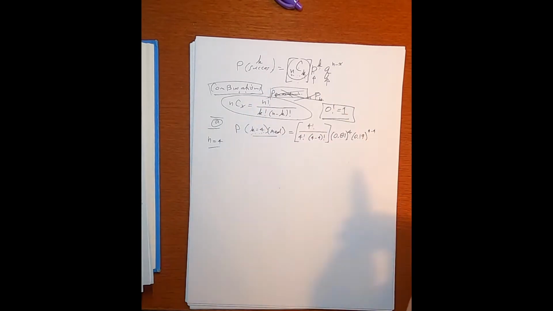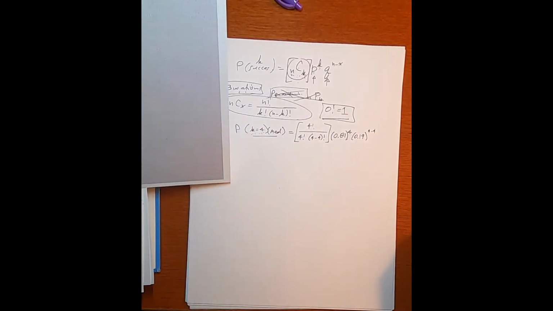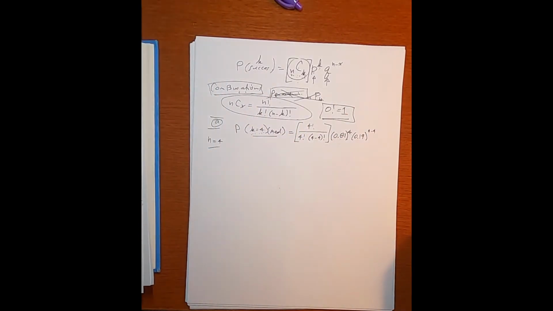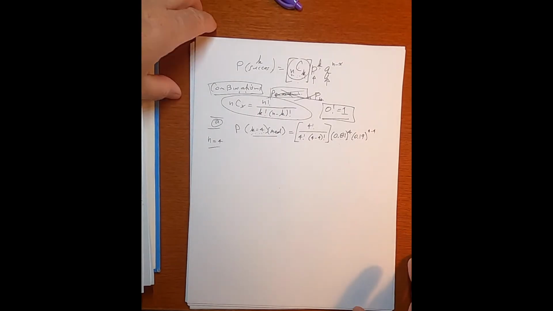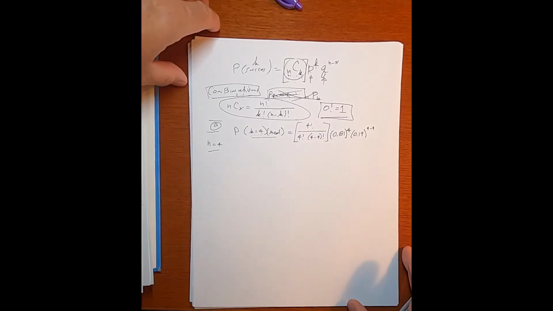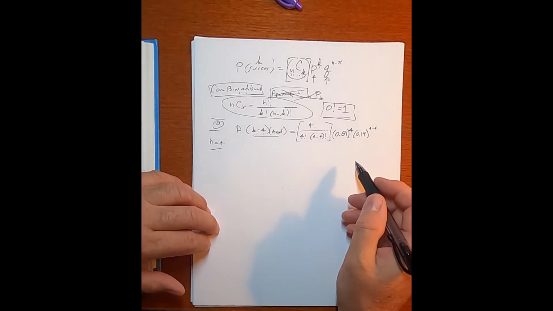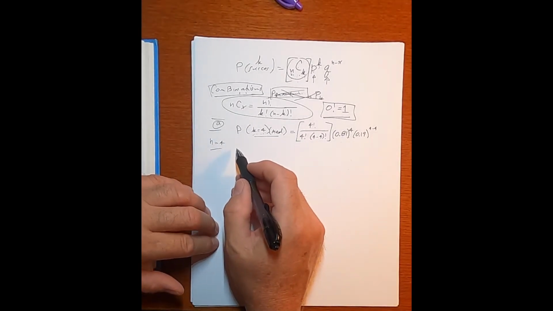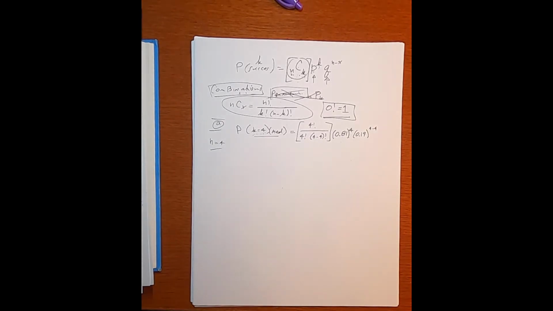So this equation is just lovely. The problem is to derive it, we would have to have another video. So we're not going to get to it in this video. All right, let's run some numbers.